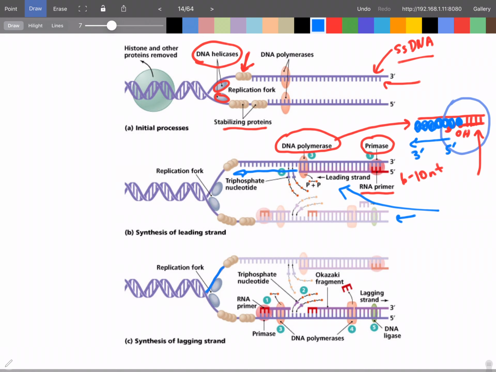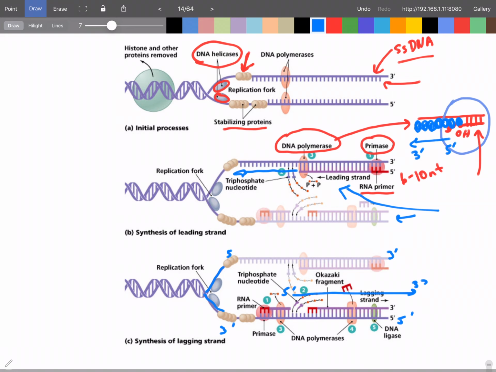You're going to have one that's being unwound that has a 3' end here and a 5' end, right? And because it's anti-parallel, you're going to have a strand that has a 5' end here and a 3' end here, right? And so as it's being unwound, DNA polymerase is only going to be able to lay down nucleotides in the 5' to 3' direction, going this way, 5' to 3'.